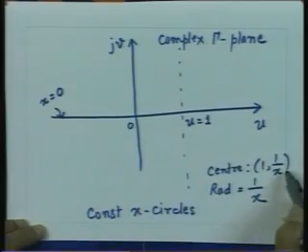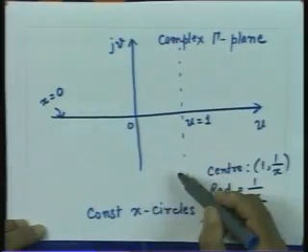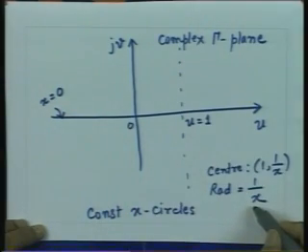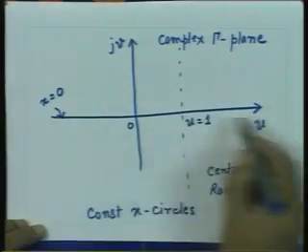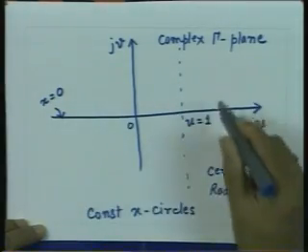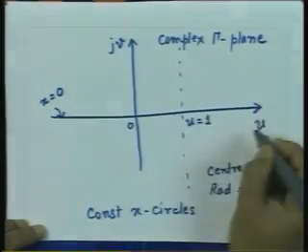So, as I increase the value of x, the center which was at infinity now comes down, and the radius also becomes smaller and smaller. Initially I had a circle which was this straight line. Now, as I increase the value of x, I will get a circle which will have a smaller radius, and so on and so on.